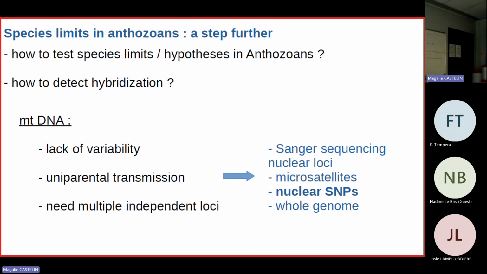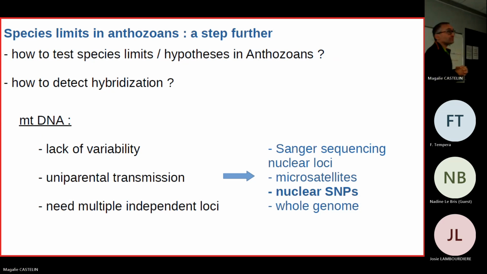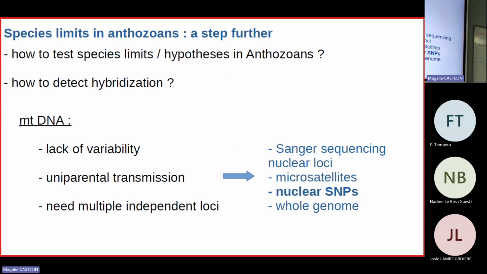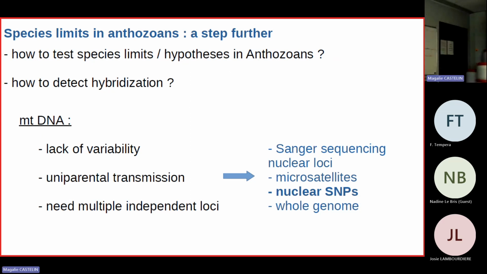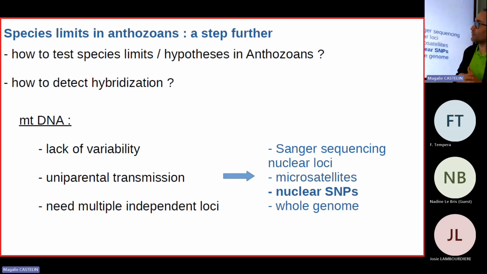If we want to go a step further, I started to talk about that with Pocillopora. We have to find other loci because, okay, we have seen that mitochondrial DNA is often not very variable.